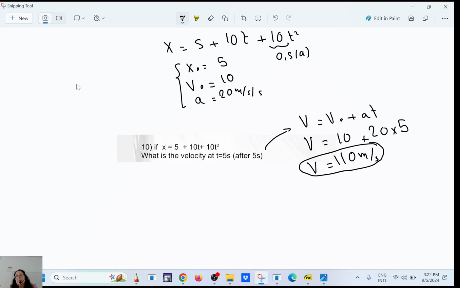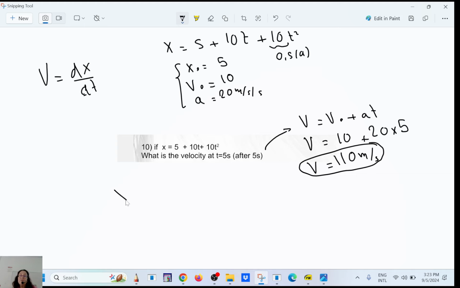So v equals dx over dt. I see where you are going, but that's for people who took calculus. If you take the derivative of this, you're going to get that equation here.